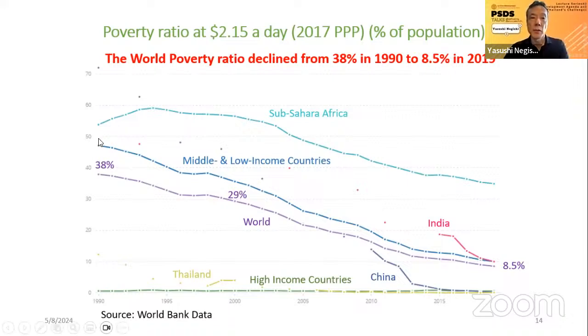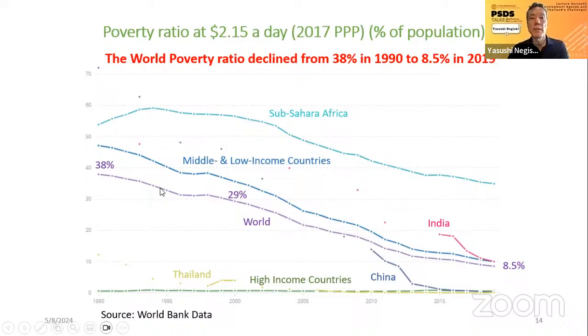And according to the World Bank statistics, the world poverty ratio, in the purple line, which was 38% in the 1990s, gradually decreased during the past 30 years, down to 8.5% in 2021.